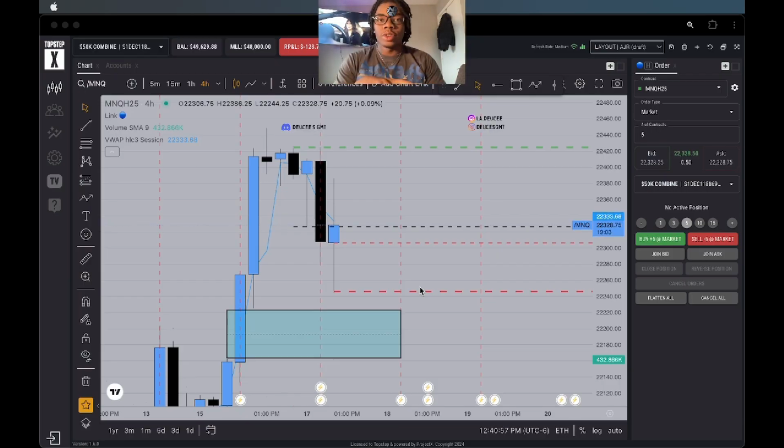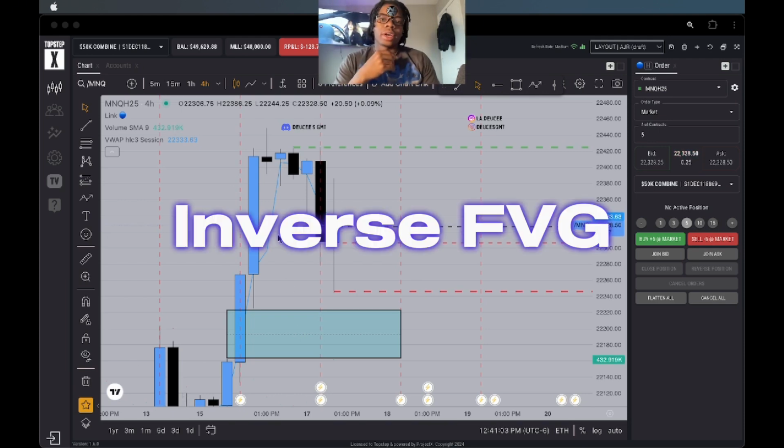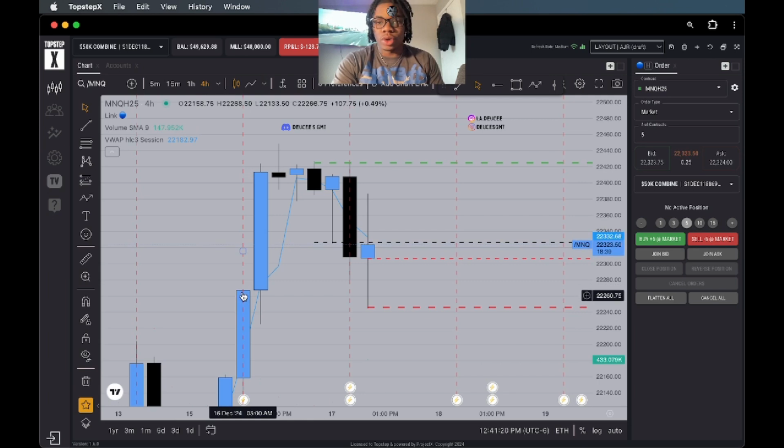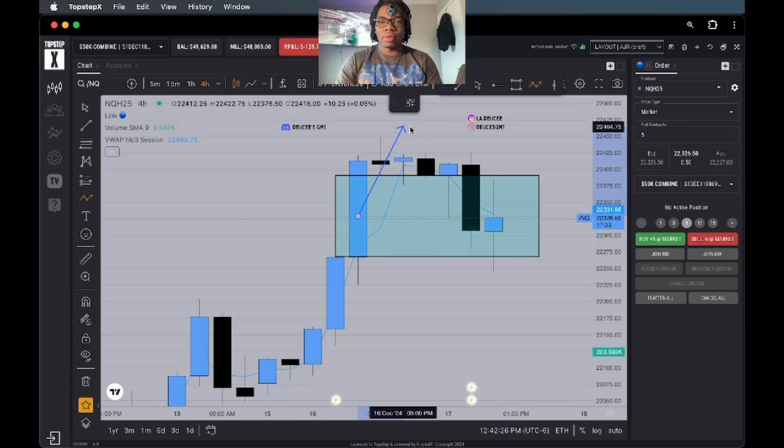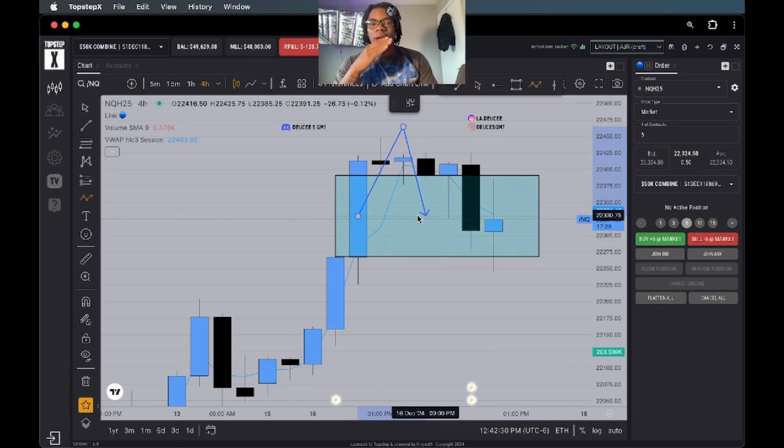Now the second part of this video is the second entry we find off of fair value gaps, and that is called the inverse fair value gap. The same 3 candle pattern, 1, 2, 3, and we got space in here, so nothing's touching. What we look for on the inverse fair value gap is that we break out of our fair value gap. Instead of coming down and bouncing at our midline, we blow through this and we close all the way through.